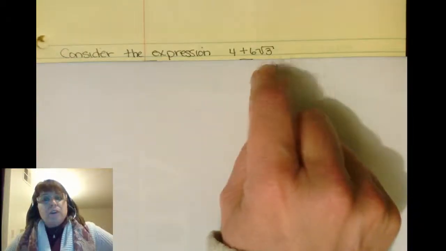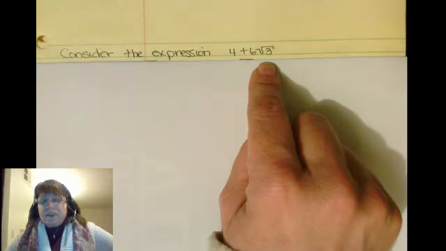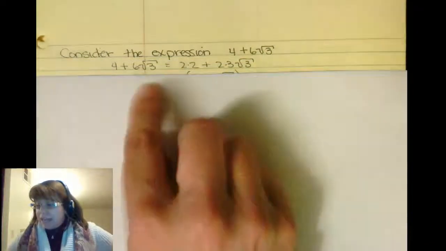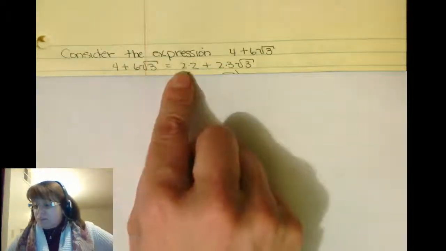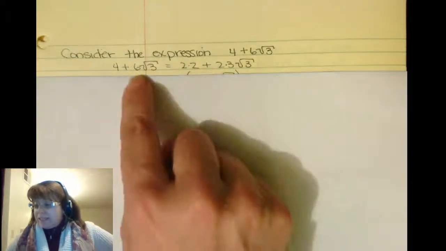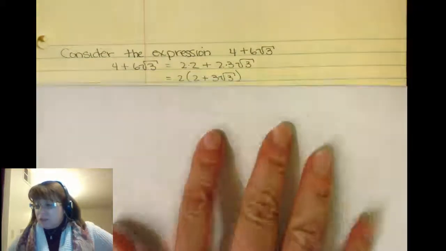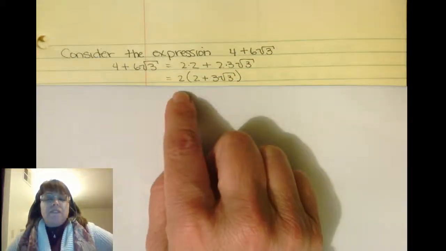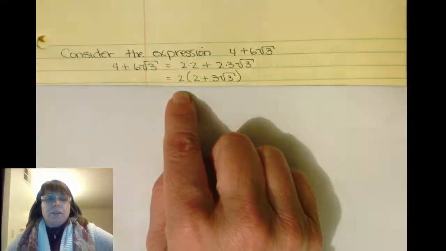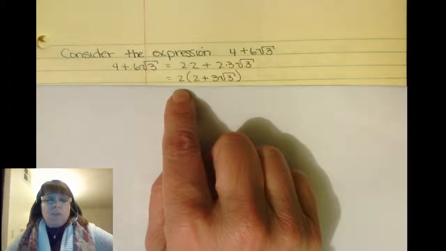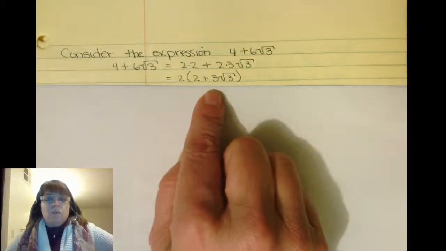Treat the square root of 3 like an x, like a variable. If that's the case, 4 is 2 times 2, and 6 is 2 times 3 square roots of 3. So I can factor out the greatest common factor, which is 2. So 4 plus 6 square roots of 3 turns out to be 2 times the quantity 2 plus 3 square roots of 3.